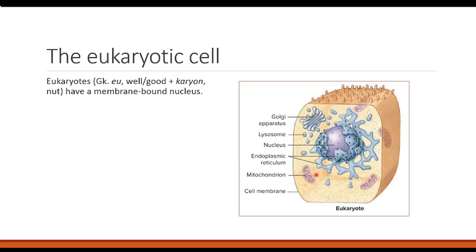Now, for an introduction to the eukaryotic cell, what you really need to know is that the eukaryotic cell has the membrane-bound nucleus. You have mitochondria and chloroplasts in the case of photosynthetic organisms, but since we're in the zoology class, we have the membrane-bound organelles such as the mitochondrion.